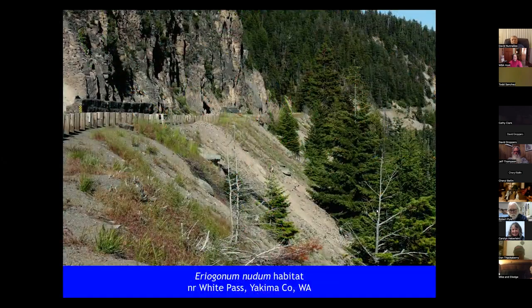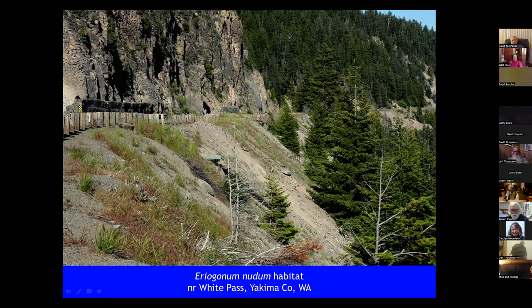This is the kind of habitat where it grows. It's like, yikes. This is Highway 12 on the left. This is the main White Pass Highway. And we're looking east in this picture. Rimrock Lake would be way down below us and on our right. But if you stop, this is 2 or 3 miles from White Pass, you can stop in one of the pullouts here and look down over the steep edge.